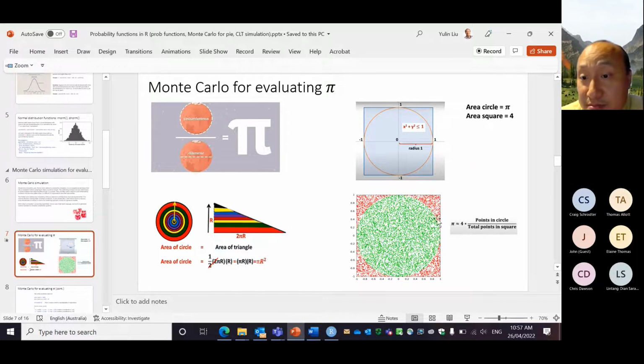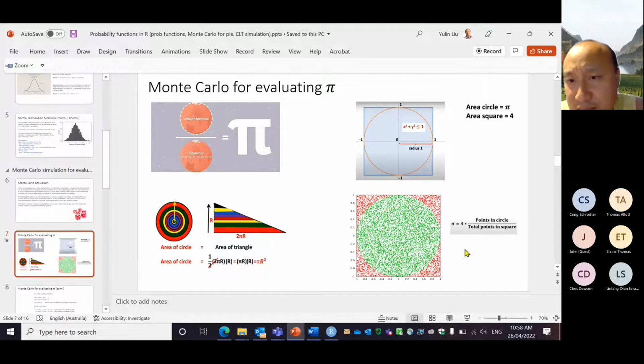So in this equation, using computer simulation, we can generate a large number of points in the square, so we have the denominator, and then we can count how many points are falling in the circle, which is the numerator. And then I know the whole right-hand side. I can calculate this number. That number will be equal to the value of pi. That's the thinking of this experiment.